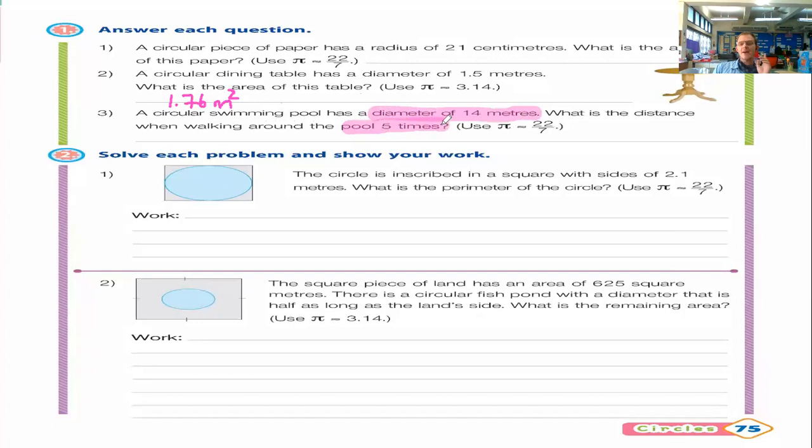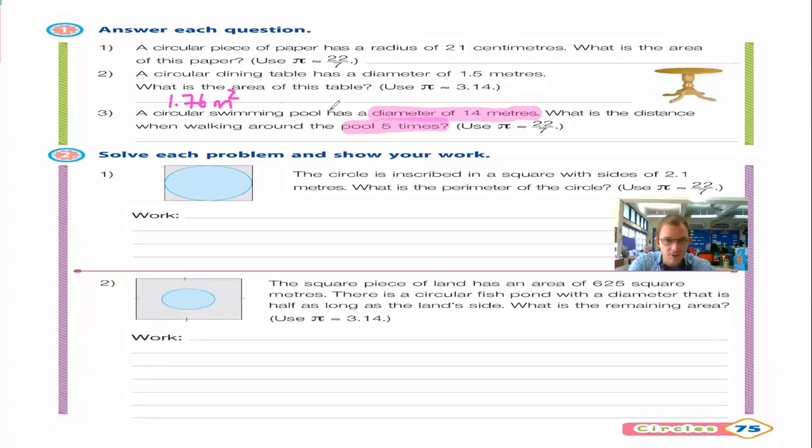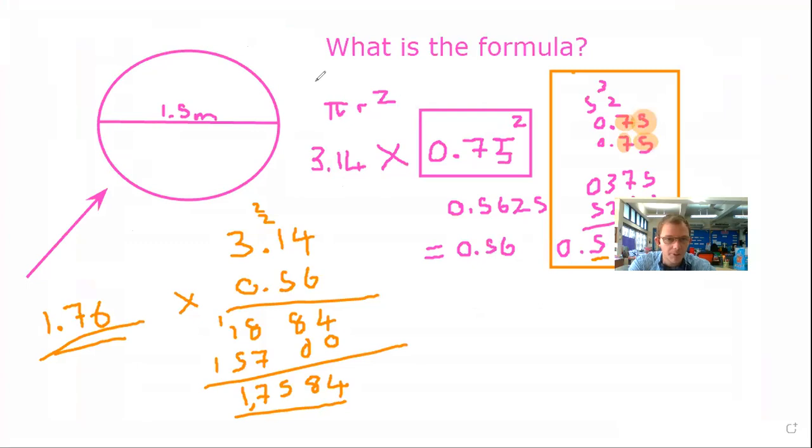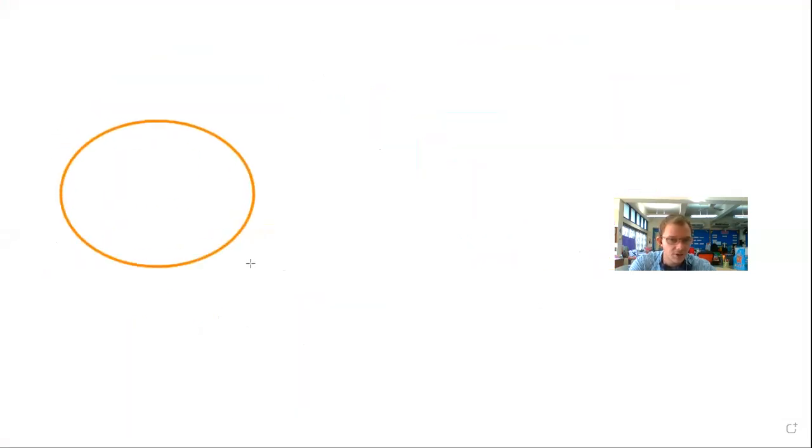So the pool has a diameter of 14 meters. They want to know what is the distance when we walk around the pool 5 times. So let's quickly draw our picture just to make it easier for us to understand what to do. So first we draw our circle, and the diameter they say is 14 meters.